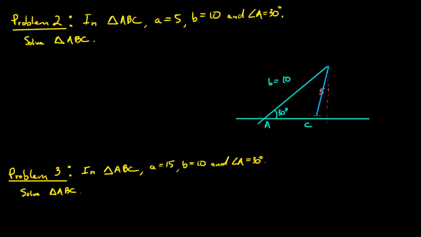And it's this point right here. So this is side A, which is 5 units. And in this case, A only intersects side C when side C is the height. So in this case, there's only one possible triangle.